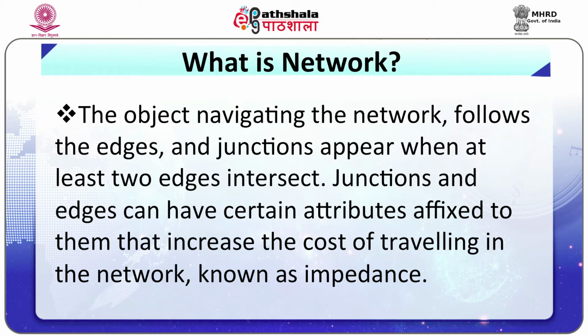Junctions and edges can have certain attributes affixed to them that increase the cost of traveling in the network, known as impedance. For example, a road network can have speed limit attached to the edge, and a junction can prevent left turns. Networks are either directed, where only one direction of travel is allowed within the network, or undirected, in which any direction of travel is allowed. So, all those things you can add, and then the model can work.